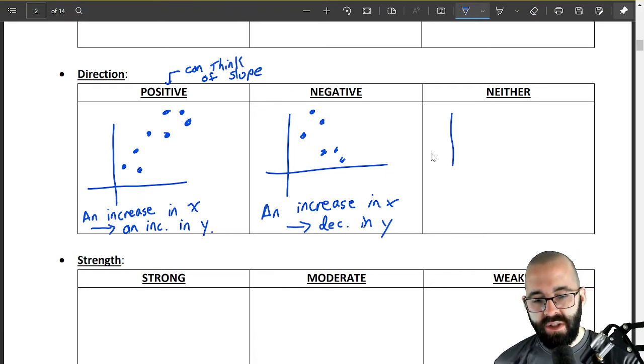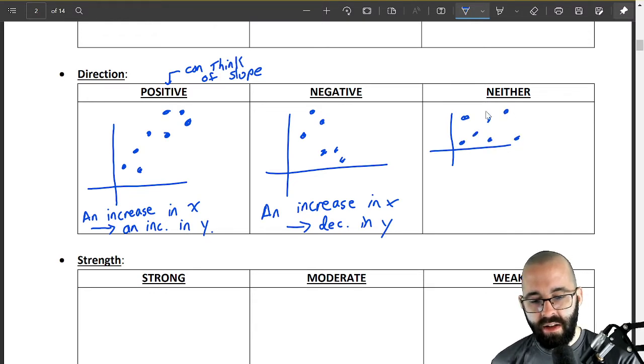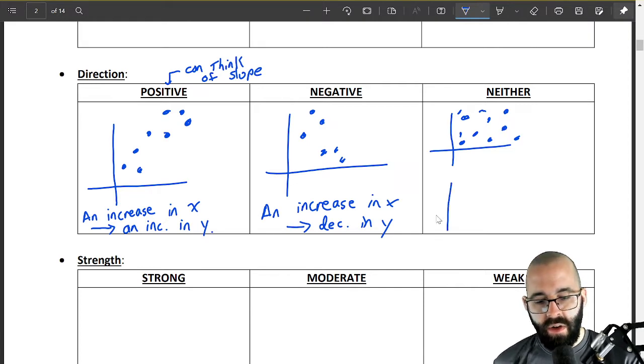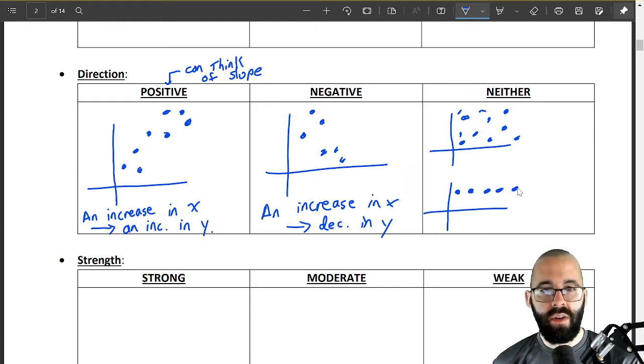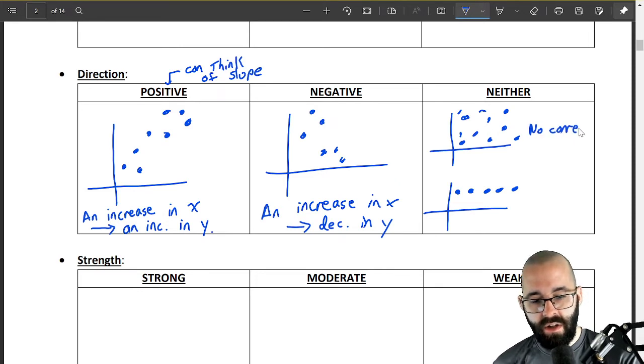And there's kind of two situations. One is, just like we looked at before, maybe there's no correlation at all. Or maybe the slope is 0. Again, no correlation or 0 slope.